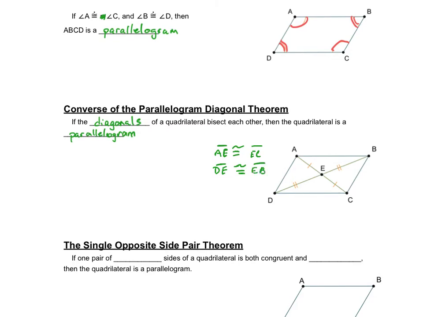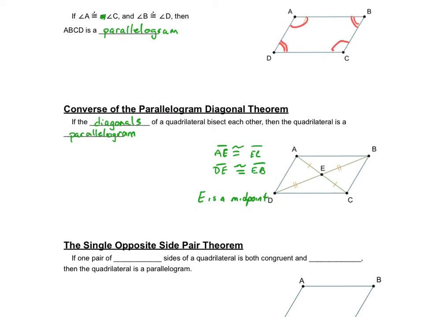So those segments are being bisected, therefore E is a midpoint. We can see then that we are going to have a parallelogram.